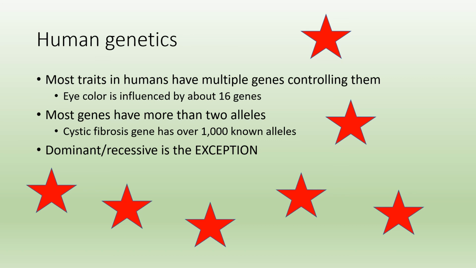And if you have problems with the cystic fibrosis gene, how severe the illness is depends on which alleles you inherited. Most importantly, dominant recessive is the exception to the rule in most organisms. Even in most plants, the peas are actually exceptional for how simple their genes are.